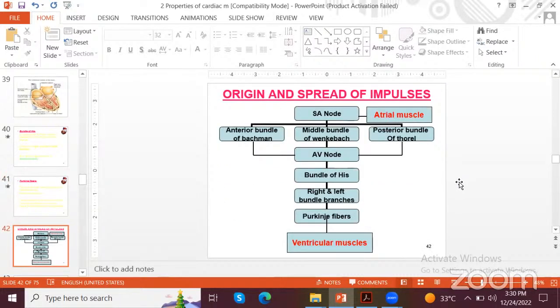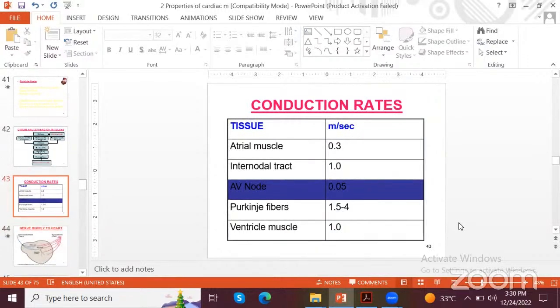See here, this is the origin and spread of the impulses in a flow chart: from the SA node, to the atria, the internodal bundles, to the AV node, then to the bundle of His, right and left bundle branches, Purkinje fibers, and the ventricular musculature.